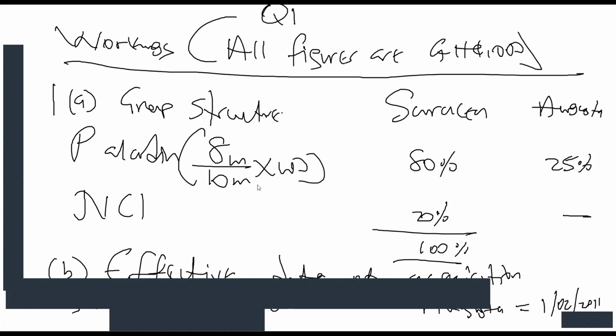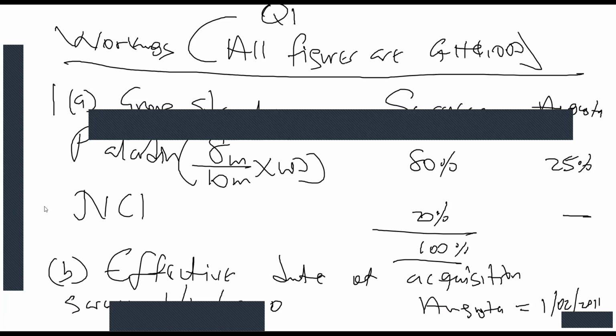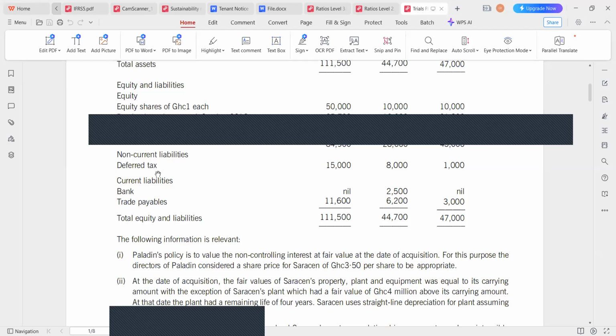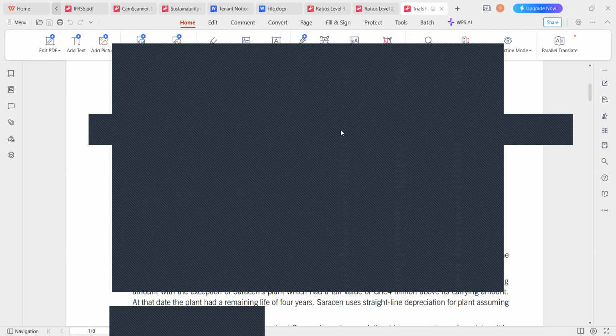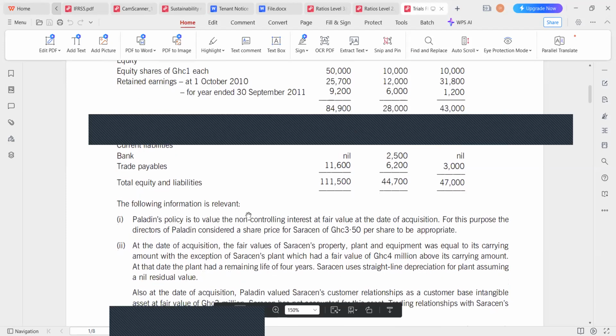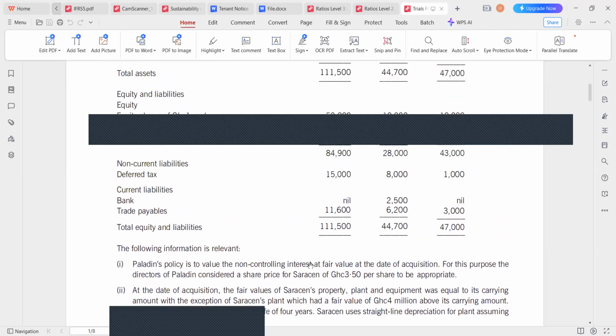So we are through. Let me clean this side. When you go here, from equity, where do you go to? The next item on the list is non-current liability, deferred tax.